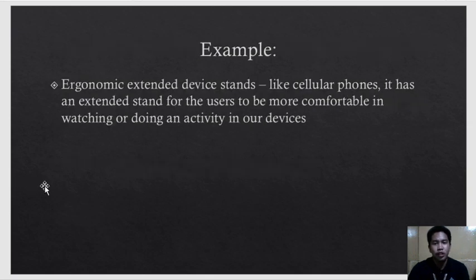Example: ergonomic extended device stands. Like cellular phones, it has an extended stand for the users to be more comfortable in watching or doing an activity in our devices. So, in short, it will make our life or our study easier and more comfortable.